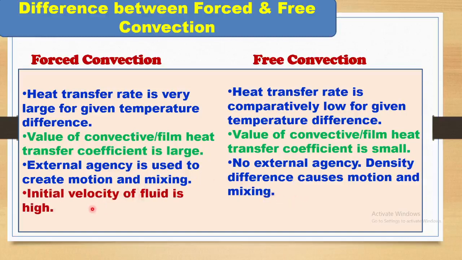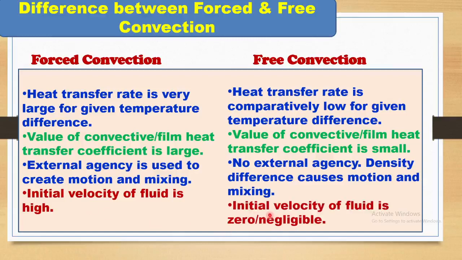Initial velocity of the fluid is very high in case of forced convection due to employment of external agency, whereas initial velocity of fluid is zero or negligible. So that is the comparative analysis of forced and free convection.